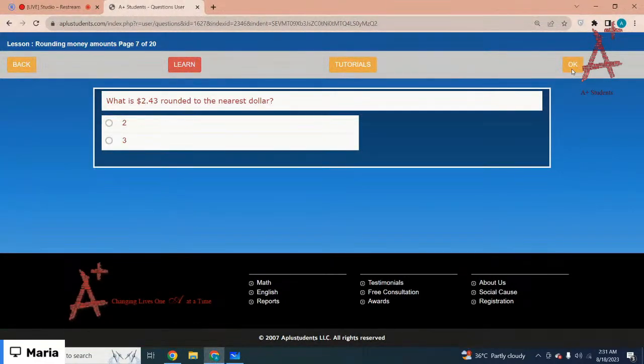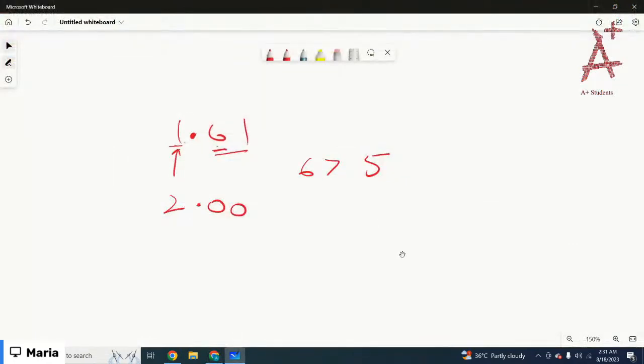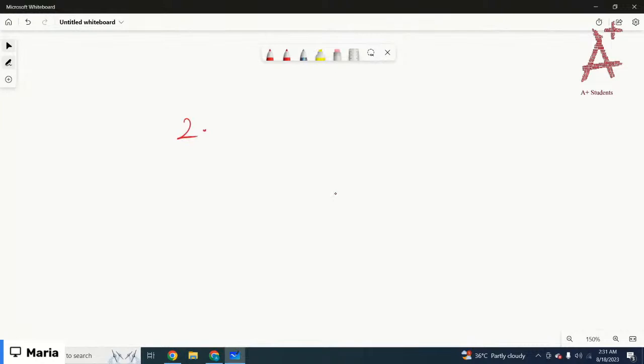Okay, the next one is, what is 2.43 rounded to the nearest dollar? Okay, you have 2.43. Just listen to me carefully. That is the dollar, right? That would be the pennies, I think. So just look at the dollar. Dollar is 2.